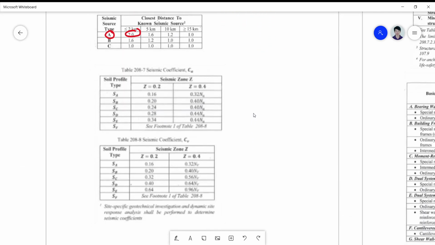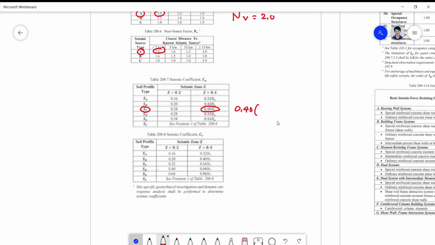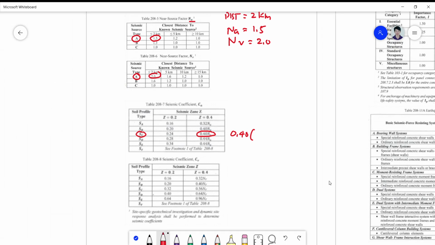For your CA and CV, since I have a type 3 soil profile at zone 4, this is 0.40 of NA, which is 1.5. So I think this is 0.6.